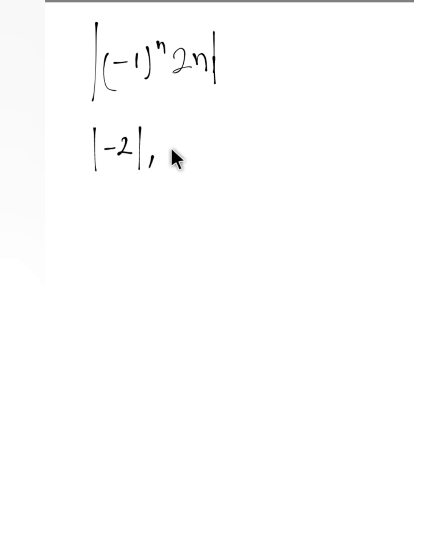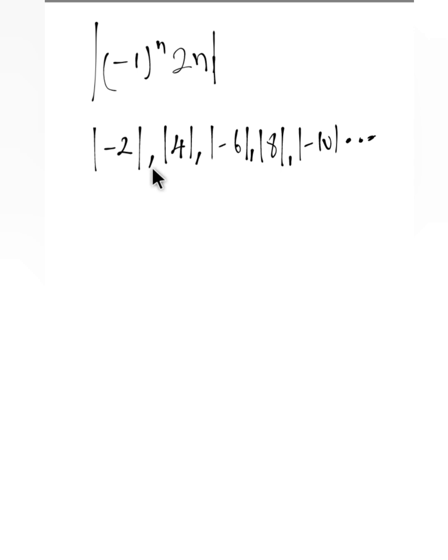When n is 2, minus 1 raised to power 2 is plus 1, times 2 times 2, which is 4, so we have positive 4. When n is 3, if you substitute 3 for n, we have minus 6. When n is 4, we have plus 8. When n is 5, we have minus 10. And it keeps on going in this manner.